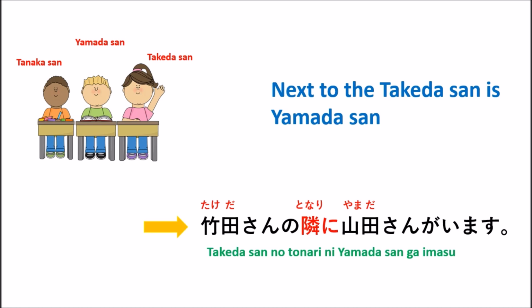So if you want to say next to Takeda-san, you can say Takeda-san no tonari ni. Yamada-san ga imasu means Yamada-san is there, so Takeda-san no tonari ni Yamada-san ga imasu means Yamada-san is next to Takeda-san.